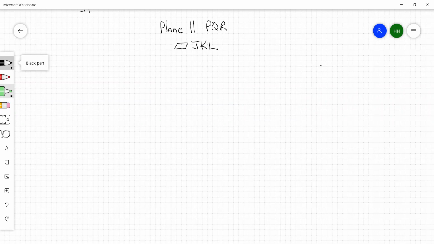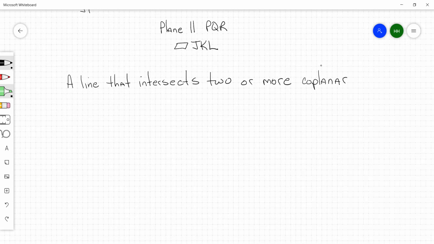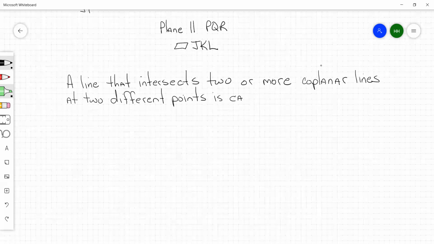And we're going to say that a line that intersects two or more coplanar lines at two different points is called a transversal.